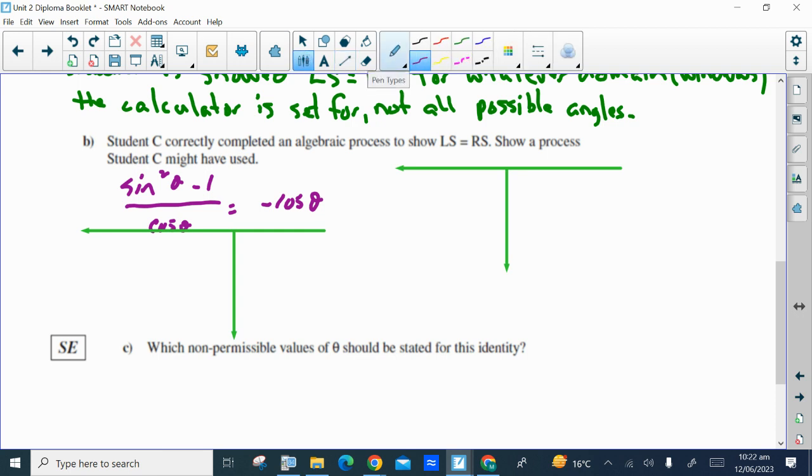So on the left side, normally we worked down the part that was more complicated to simplify it down to what the right side is.